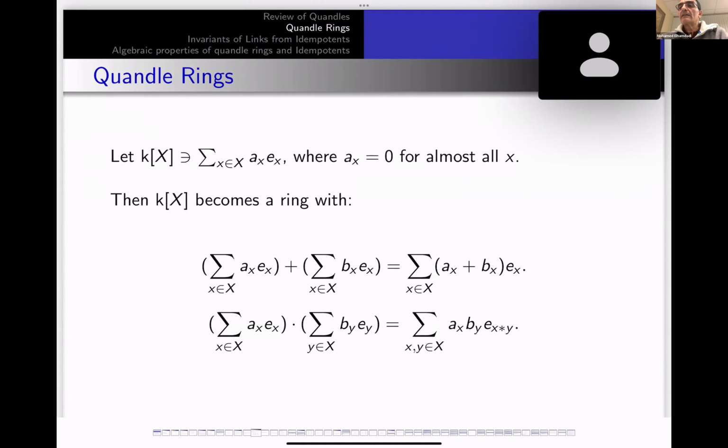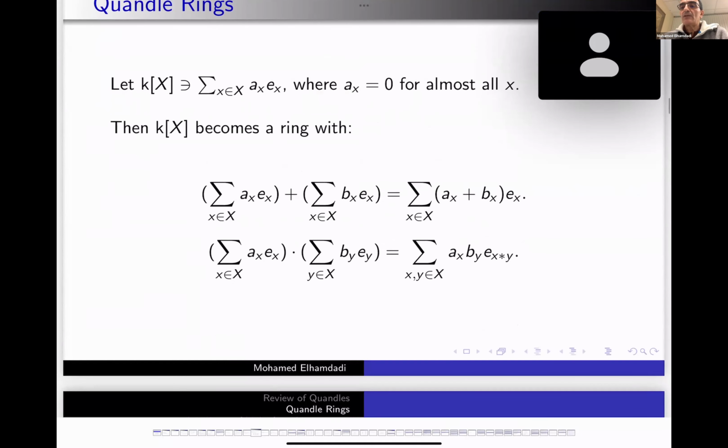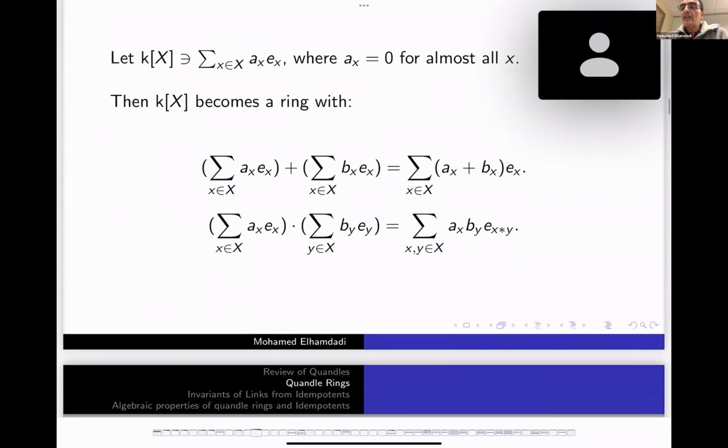Obviously, we assume a_x is 0 for almost all x, so basically finite sums. And then you have a natural way of addition. You have an abelian group, and multiplication is defined similarly to the group case, except here, when we multiply e_x by e_y, it is e_{x star y}, using the quandle operation.